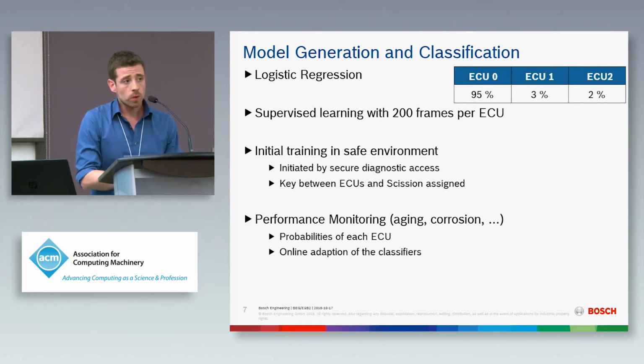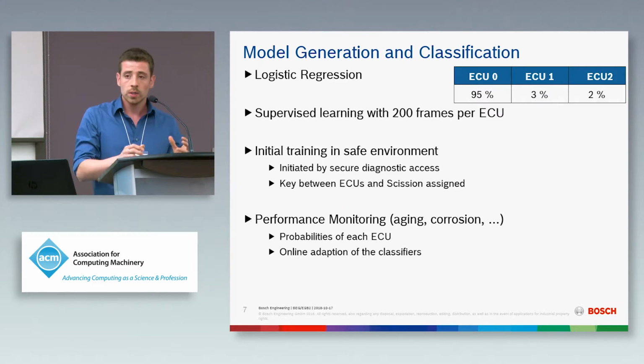The next step is performance monitoring. Here we look at the probabilities of each ECU, because it's necessary to observe these due to aging or corrosion, if there's some change in these variations and in the templates. The monitor watches the probabilities of each ECU, and if the probability drops, for example, from 99 to 95%, then it updates the model, and therefore it can use the normal frames, which can still be distinguished very well.